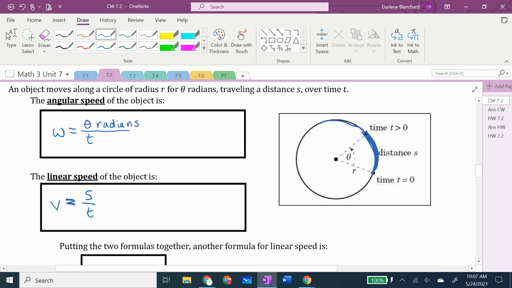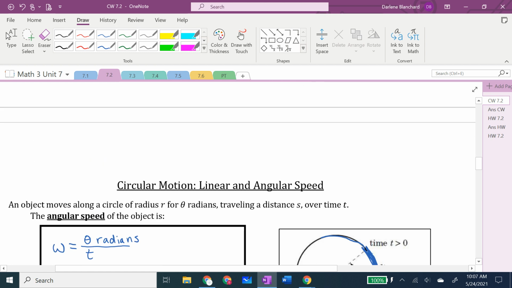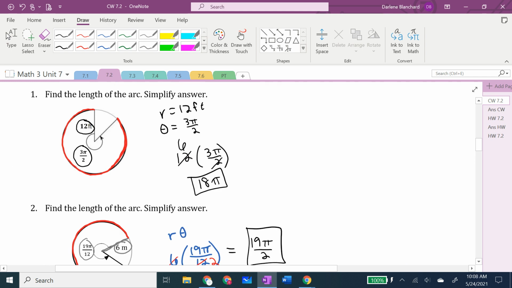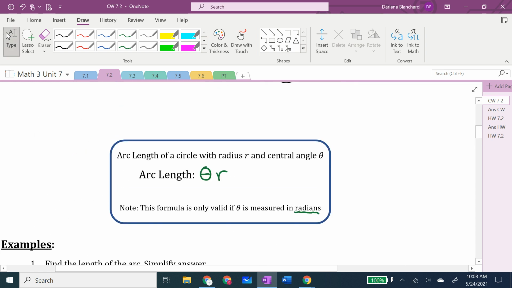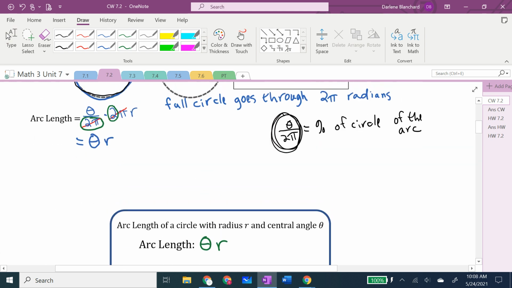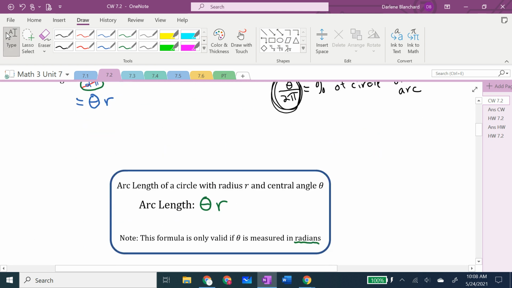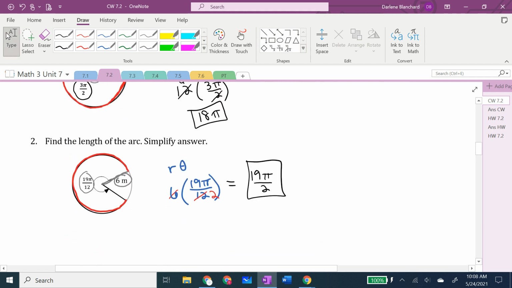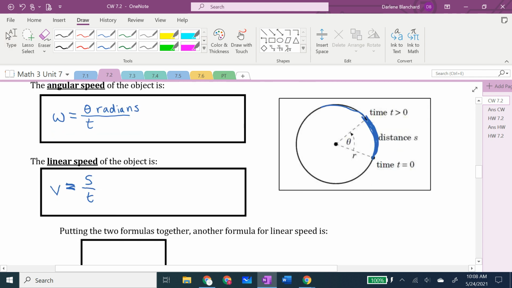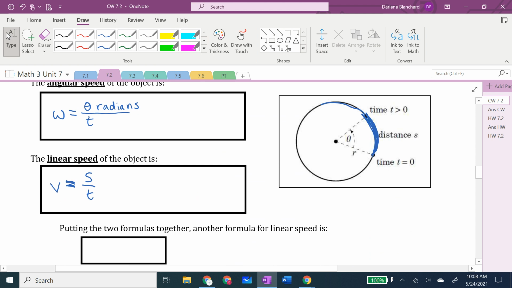But now we need to back up and ask, well, what is the formula for arc length? Do you remember that we came up with the formula theta times r? So what that means is linear speed can be found by taking the length of the arc, theta times r, and dividing by the amount of time.